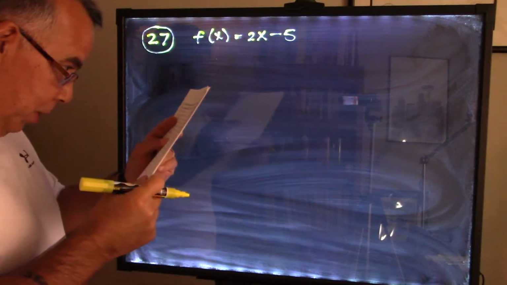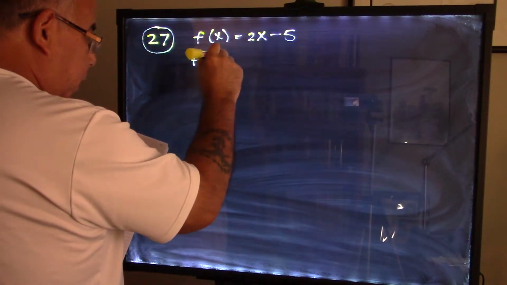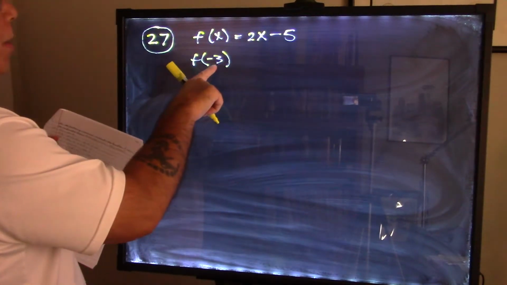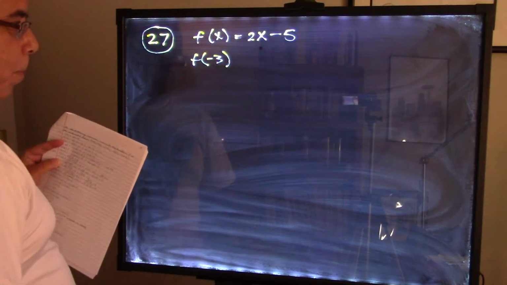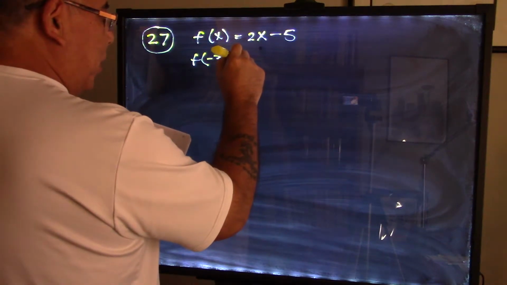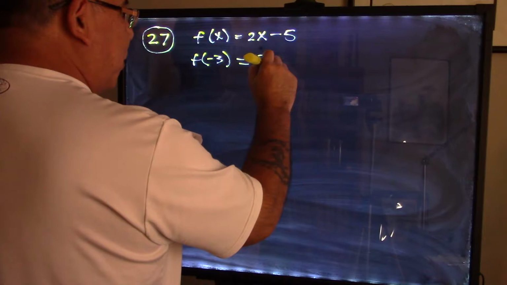And first one, f of negative 3. So whatever is in the parentheses there instead of the x, you put into the x in the formula for the function, and then evaluate that, or simplify it.